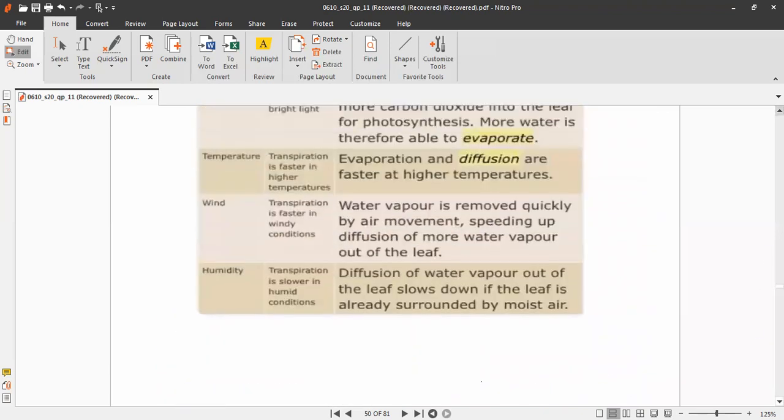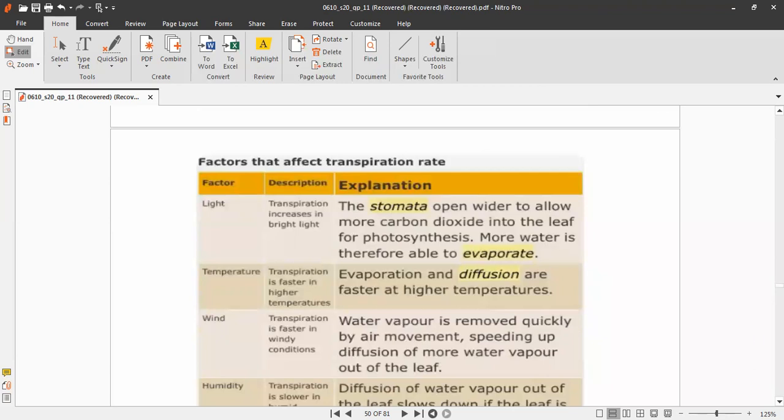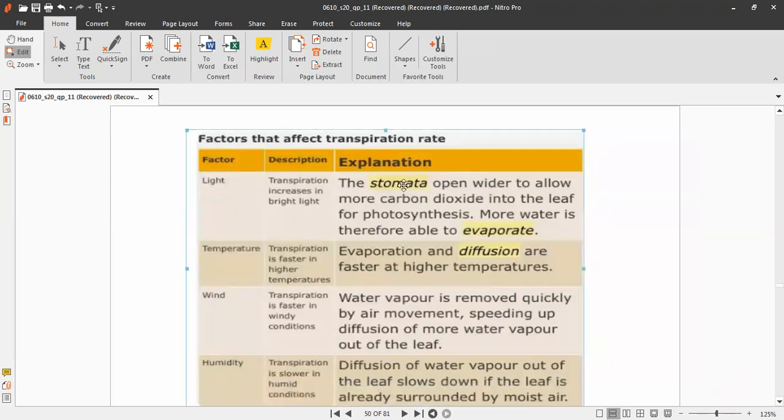Here are the factors that affect transpiration rate. Light: transpiration increases in bright light, with the stomata open wider to allow more carbon dioxide into the leaf for photosynthesis. More water is able to evaporate. Temperature: transpiration is faster at higher temperature, because evaporation and diffusion are faster at higher temperature.